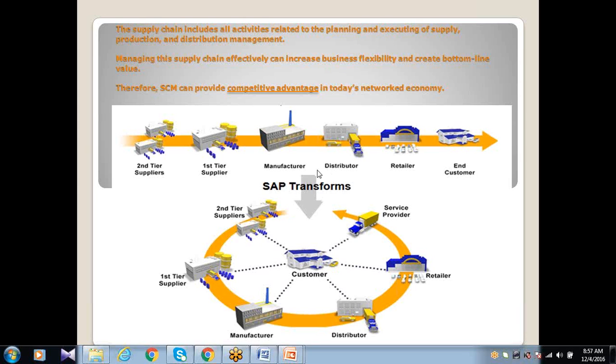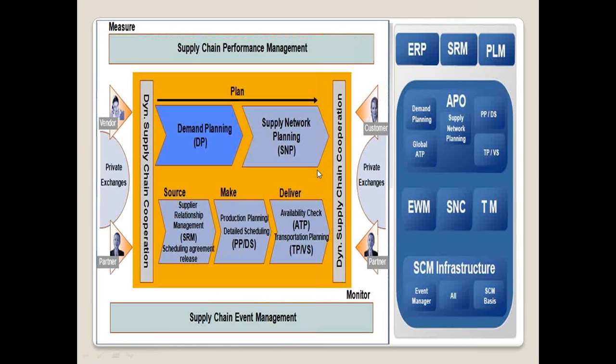So definitely they need some software. In the market there are different service providers for SCM software. In that we are interested in SAP, because SAP is a market leader in ERP, with more than 60% of the market share. And for APO also, they have almost 4,000 projects across the globe.